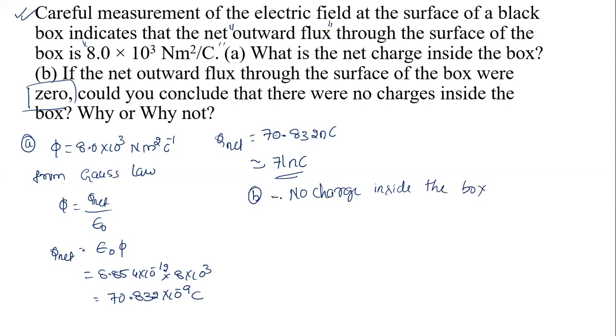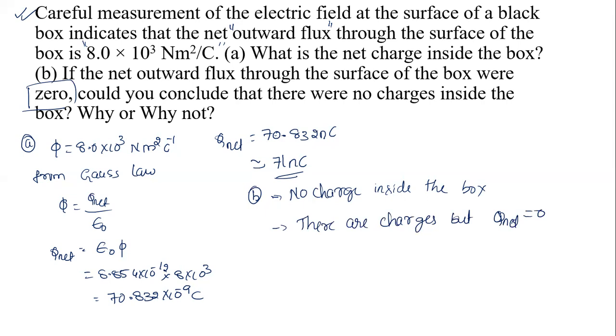One more possible case is there are charges, but Q net is 0. There are some positive and negative charges; if you add them, the net charge becomes 0, so there is no flux.